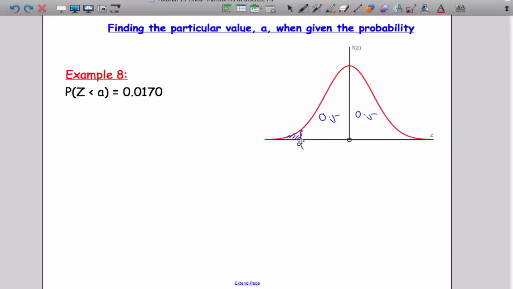Because our tables don't actually give negative values, I'm going to have to use symmetry again.